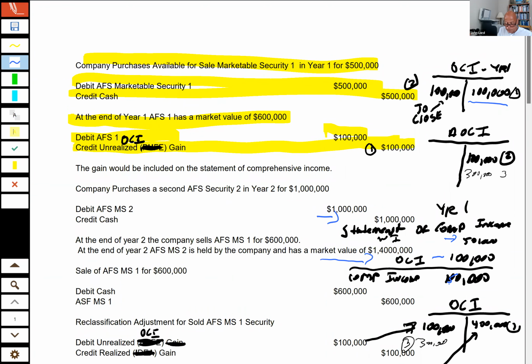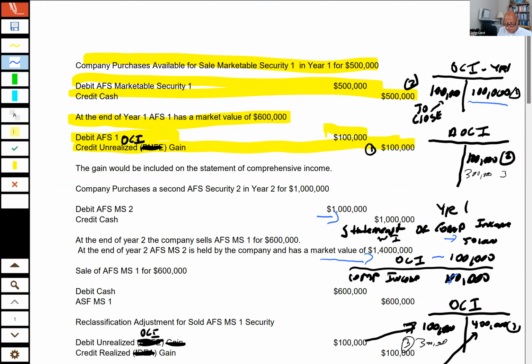And then I have to account for what? I have to account for this second security that has gone up 400,000 in value. So I debit the available for sale security 2 for 400,000. Now it's showing 1.4. I credit my OCI, realized gain, for 400,000.